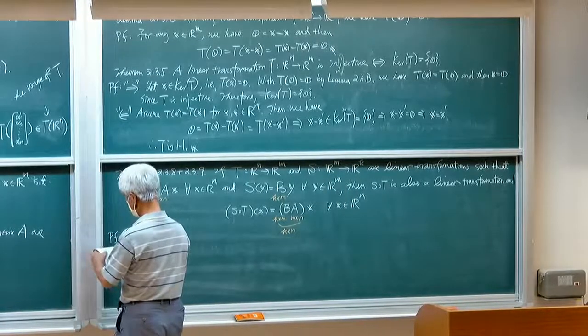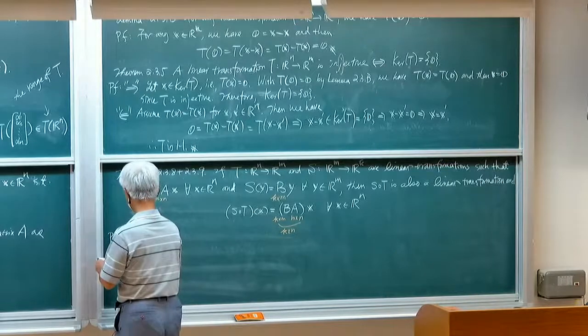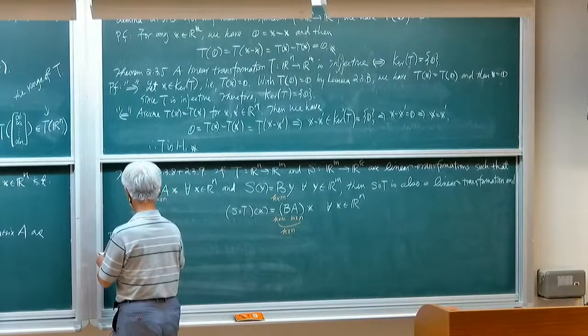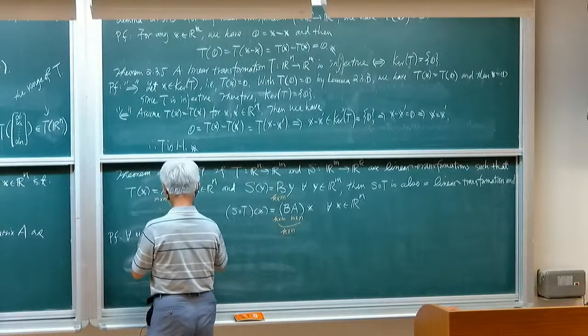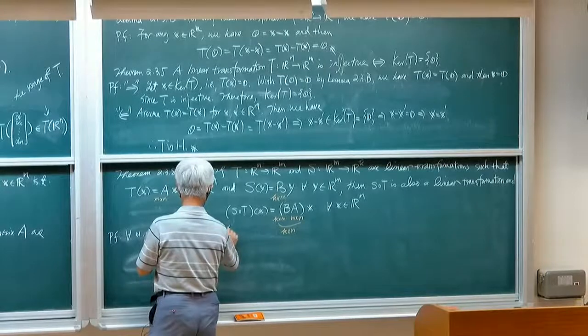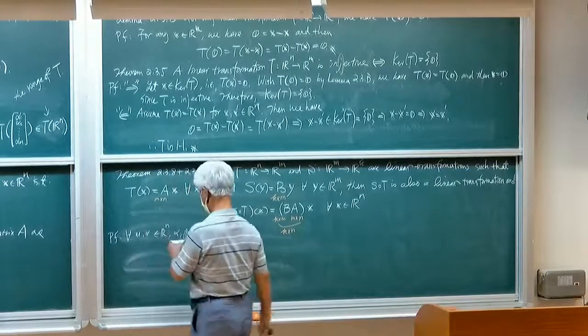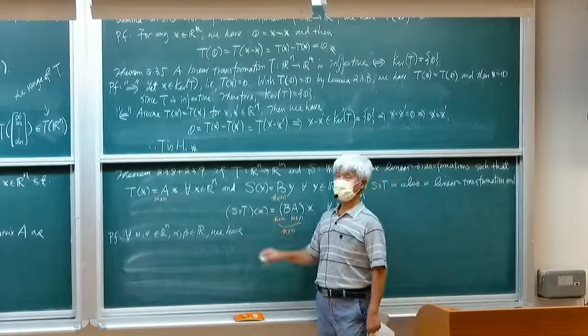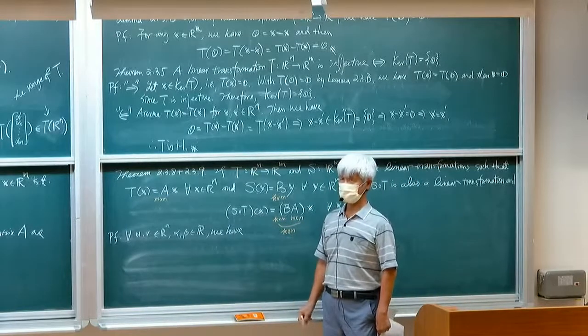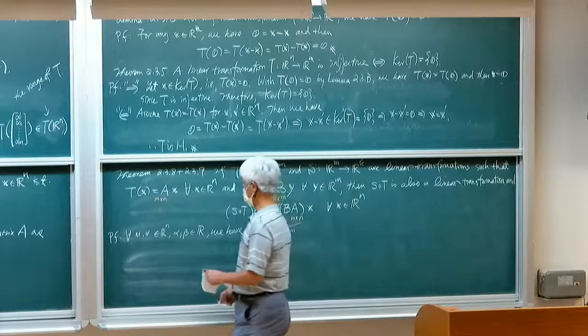So now, for all u, v in Rn, alpha, beta in R, we have to prove that the composite of these two linear transformations is also a linear transformation.